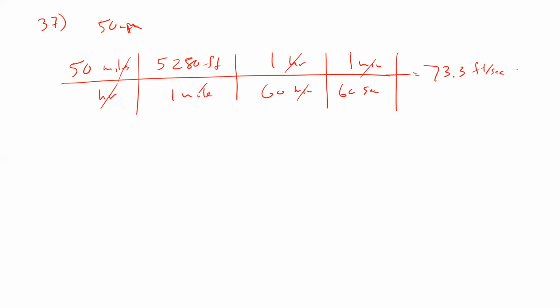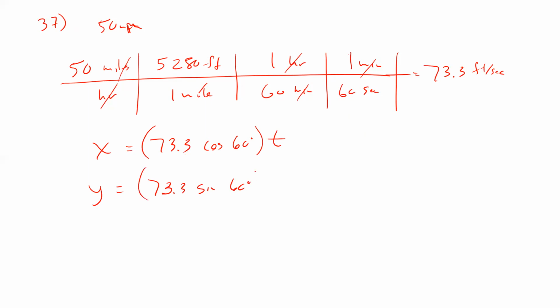Okay, feet per second, that's cool. So then my x coordinate is going to be 73.3 times cosine of 60 degrees times t. The y value is 73.3 times sine of 60 degrees times t.